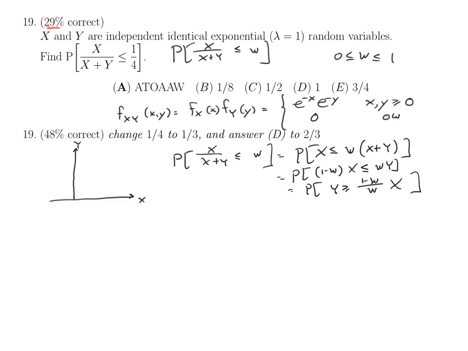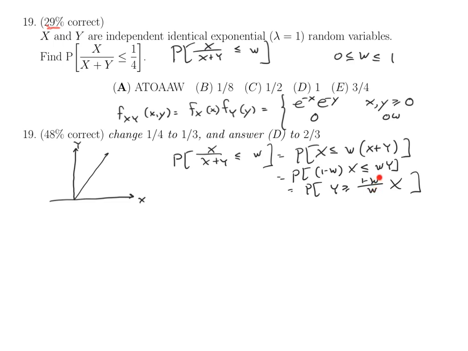And so now you draw this line on the plane. The slope of this line is 1 minus w over w, and it in fact could be any slope. It could be very close to 0.